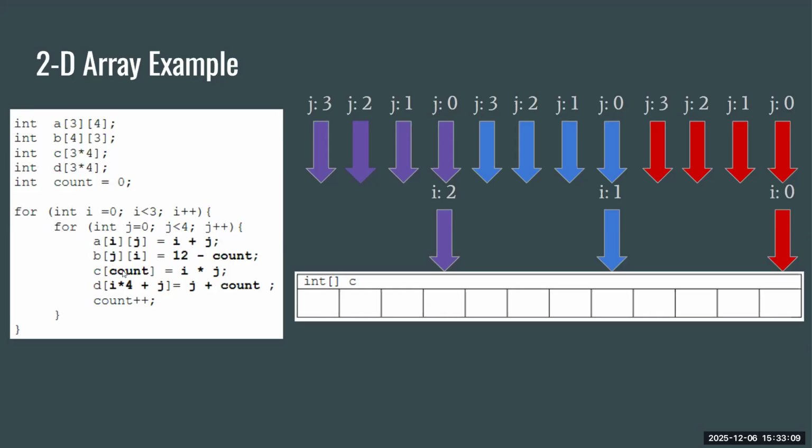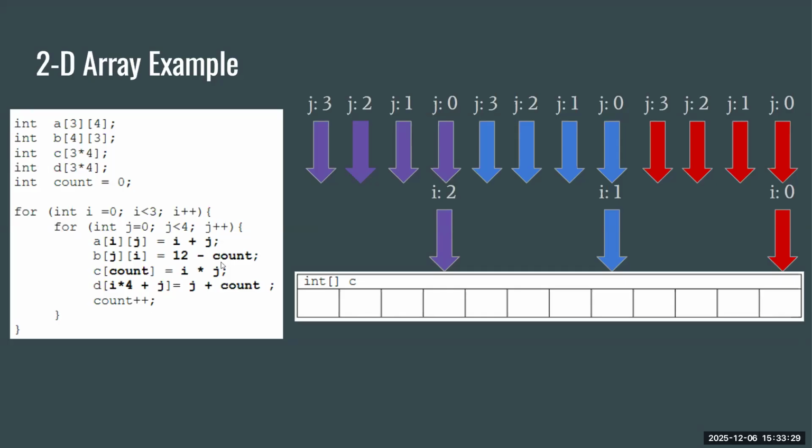And then count is going to increment in the inner loop. So count will be 1 on the next iteration of the inner loop, and then that'll be set equal to 0 times 1, as I is still 0 as we're still in the inner loop, and j gets incremented.